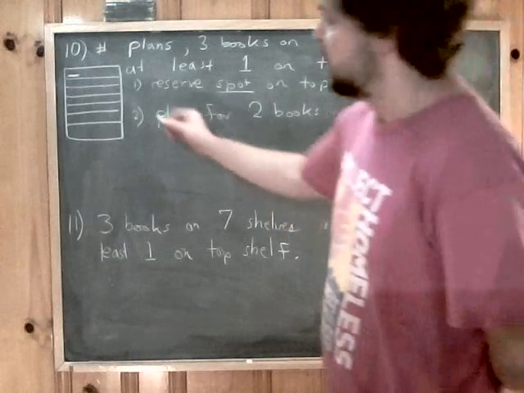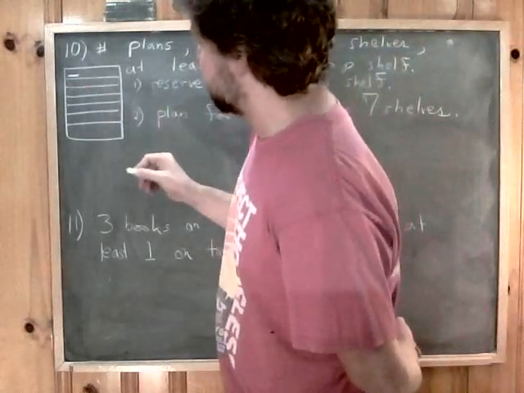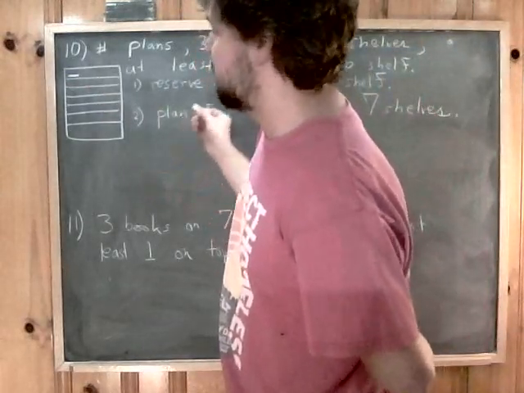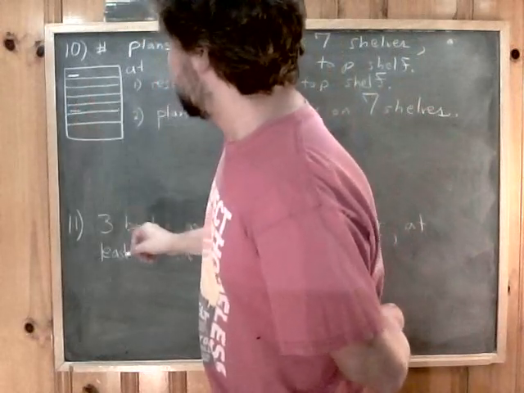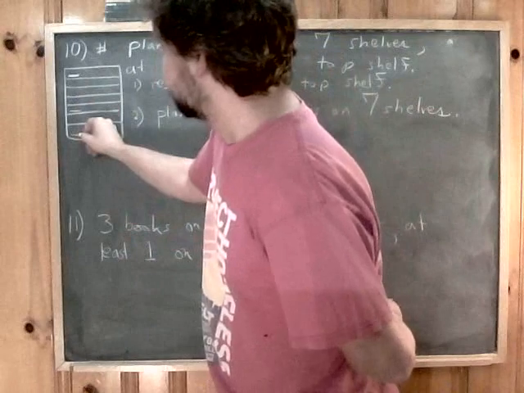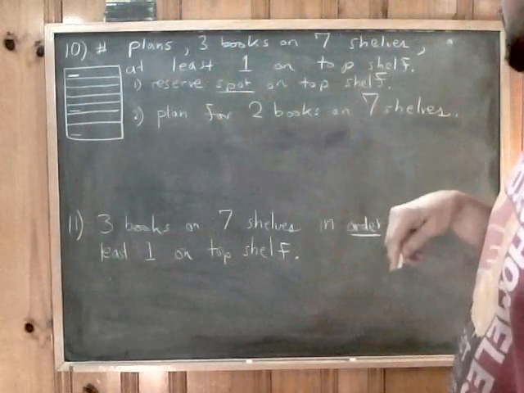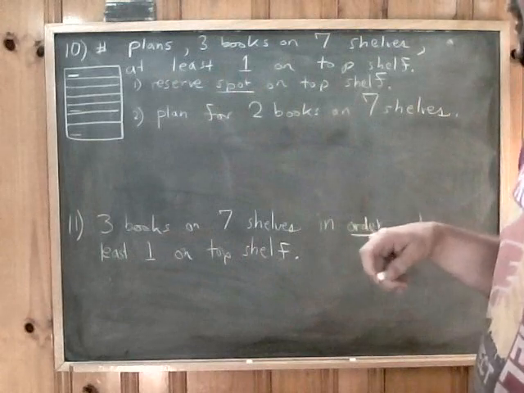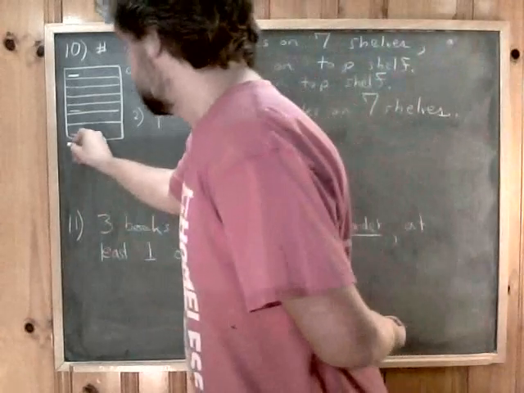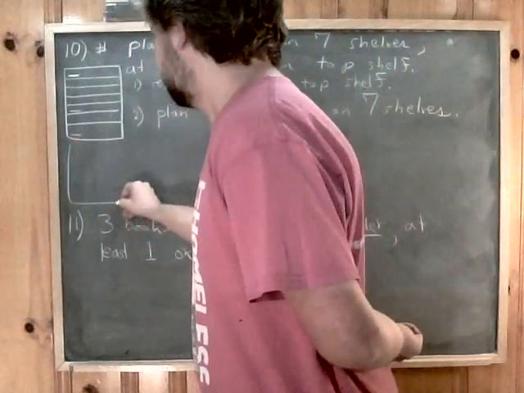So when we continue the plan, after we've got that one already reserved, you can put the other 2 anywhere you want. You could put one down here and one on the very bottom. It doesn't say that I can't put another one on the top shelf. So we could have another possible plan.